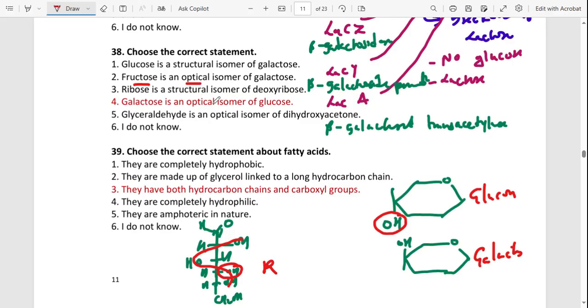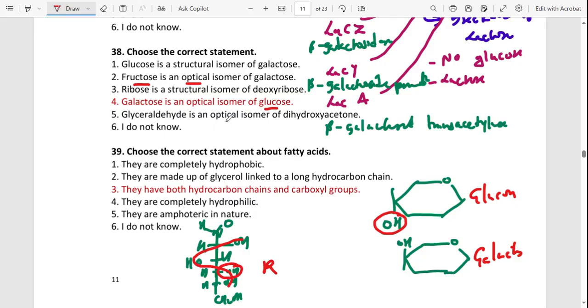Galactose is an optical isomer of glucose. Now these are not really optical isomers. Instead, they are stereoisomers. Glyceraldehyde is an optical isomer of dihydroxyacetone.